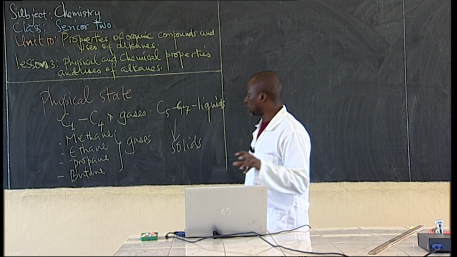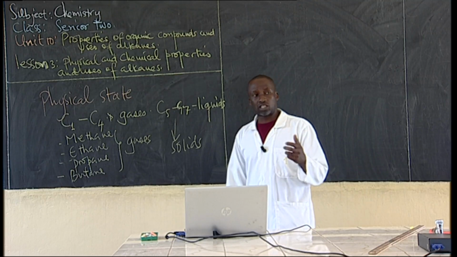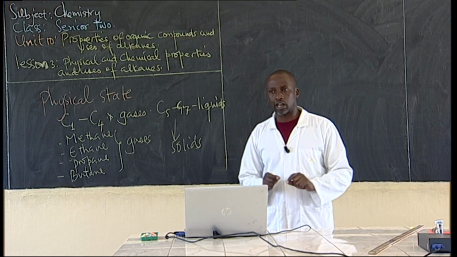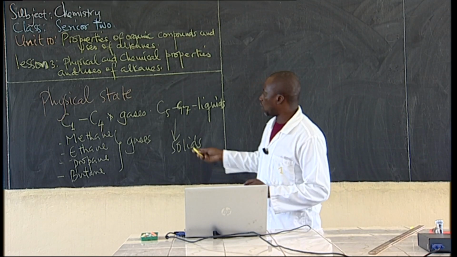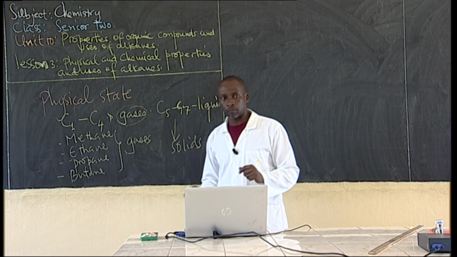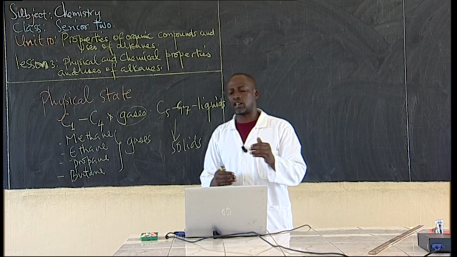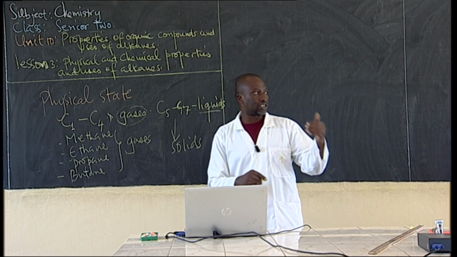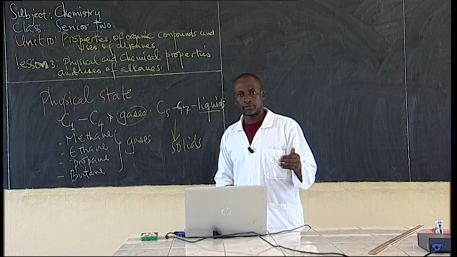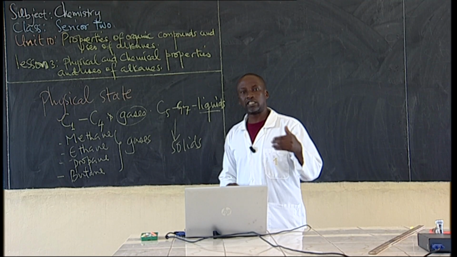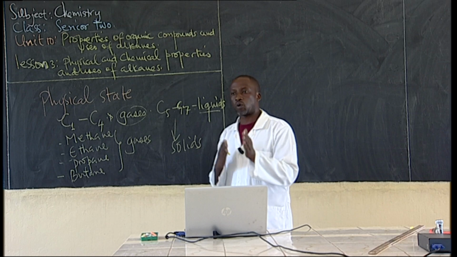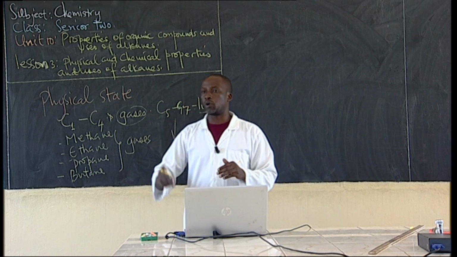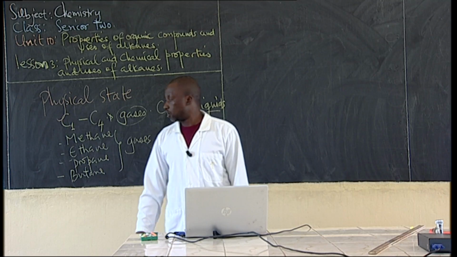When you analyze this, you'll see that the alkanes with the lowest number of carbon atoms exist as gases. As the number of carbon atoms increases, the state changes from gases to liquids to solids.